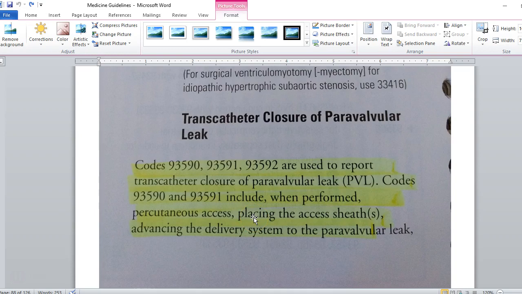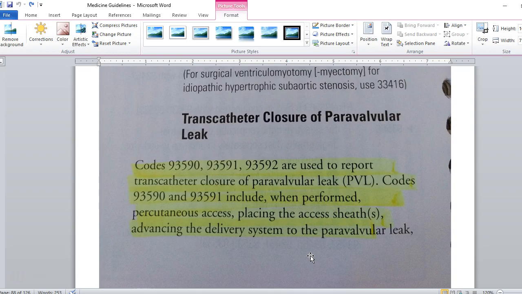All right, so now we're looking at our repair of structural heart defects. And again, a lot of these are congenital. This is the bottom of page 648. All right, so it's telling us codes 93590, 91, and 92 are used to report transcatheter closure of a perivalvular leak.